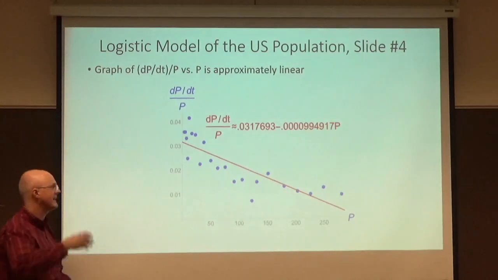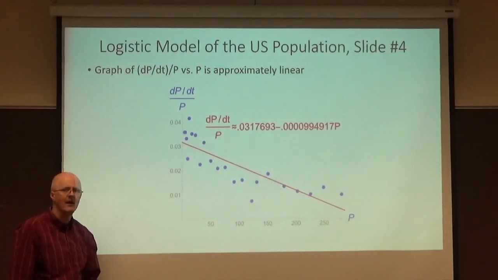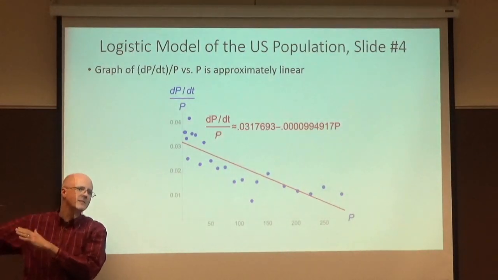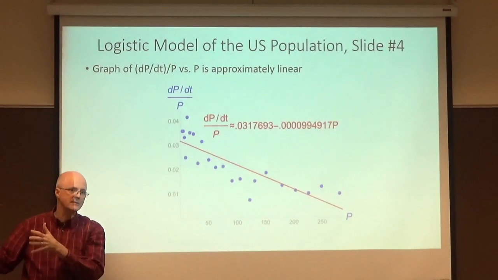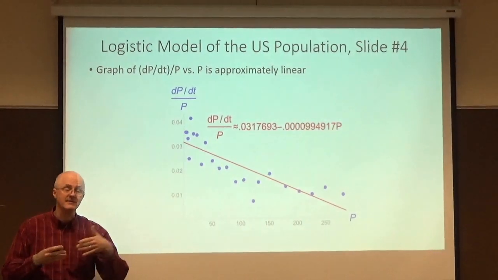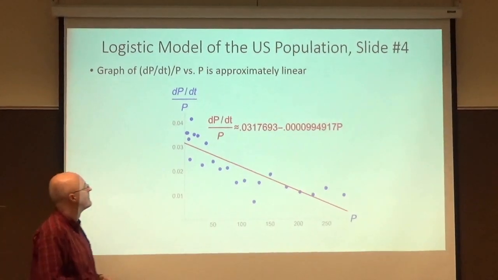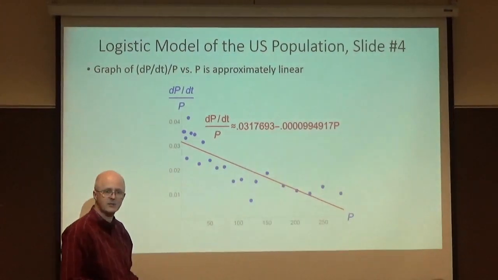Now I could try to modify this, I could try to use a quadratic model, but what I ended up doing in a later slide is just ignoring the older data from the 1790s and 1800s and the early 1900s even, and I only focused on 1950 to the present, and I got better results that way. This red line is not something that I computed by hand. I had Mathematica do it for me.